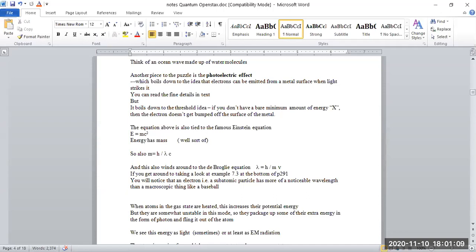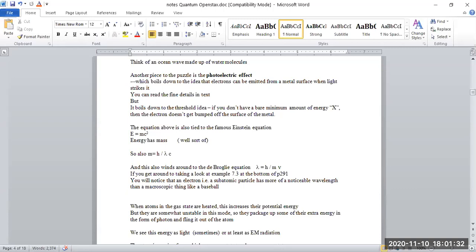So all of this also is sometimes referred to as the de Broglie equation, more famous dead guys. Note, if you want more variations, we've got lambda is h over mass times nu.